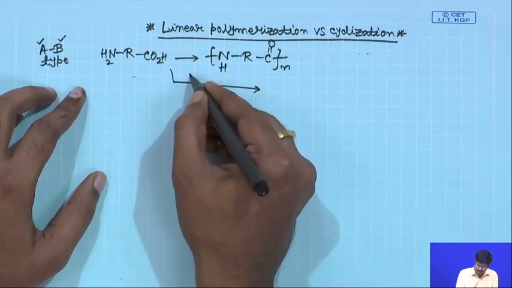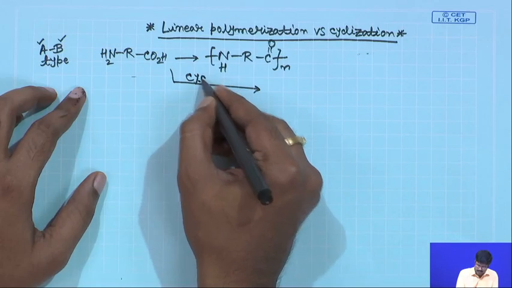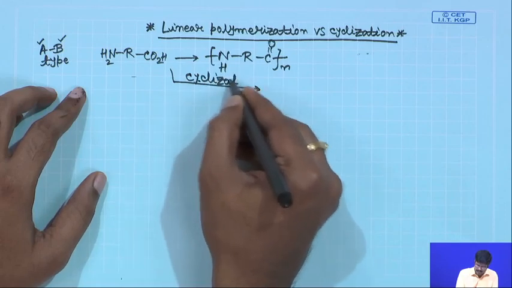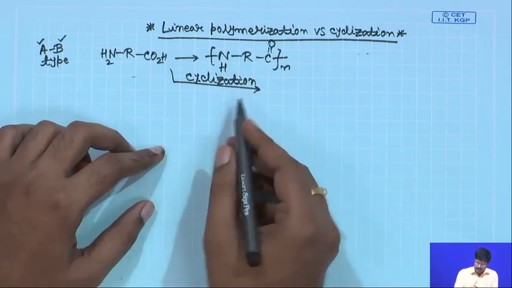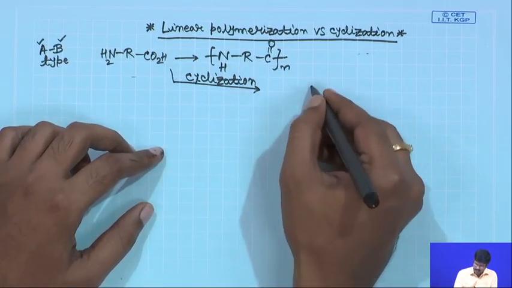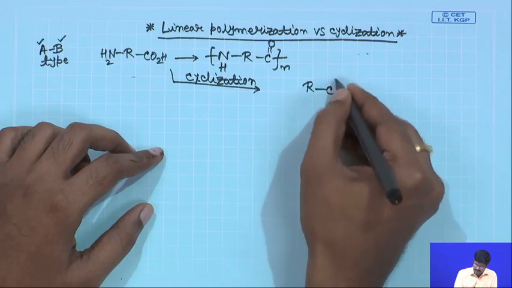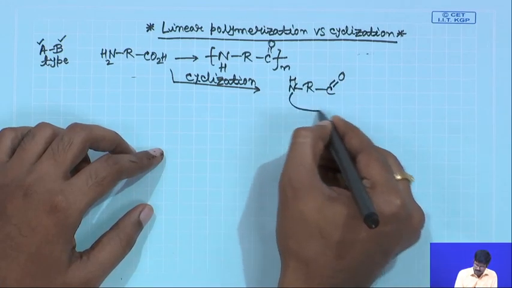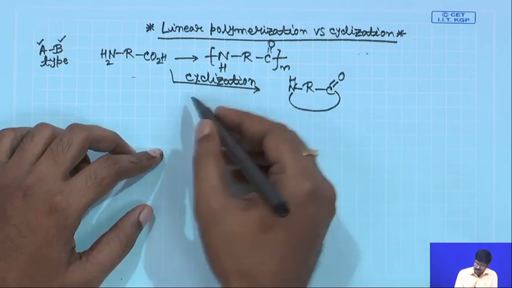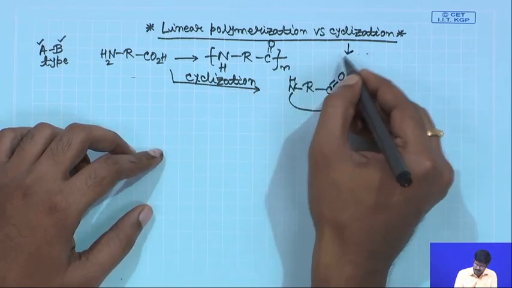So you could have cyclisation, and what you will have then is something like this. This is an intramolecular process.